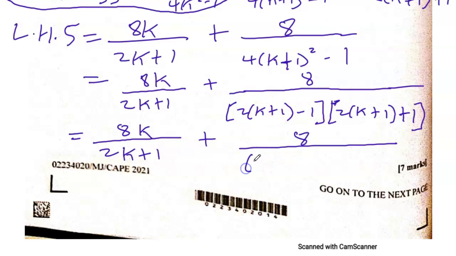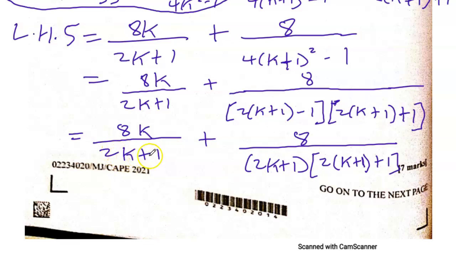So this will simplify to actually 2k plus 1, because 2 times k is 2k, 2 times 1 is 2, take away 1. So we end up with 2k plus 1. And in the other bracket, we still have our 2 into (k plus 1) plus 1.